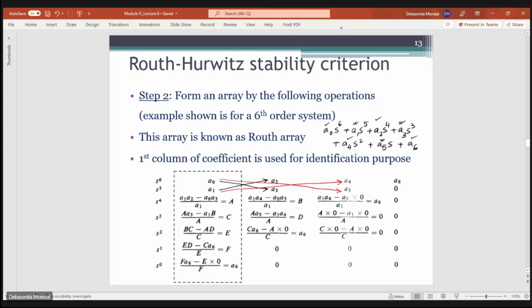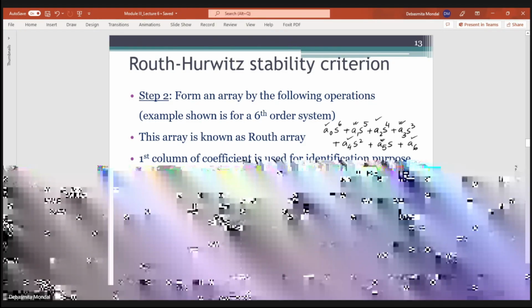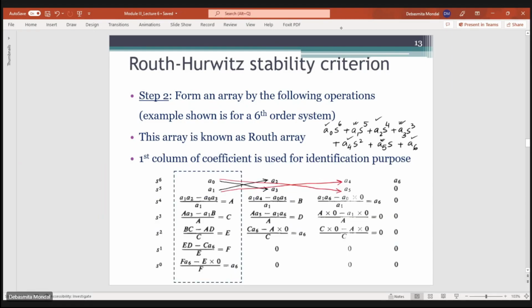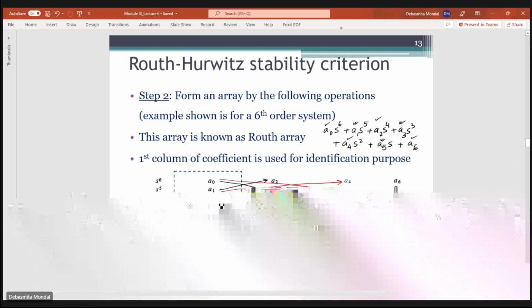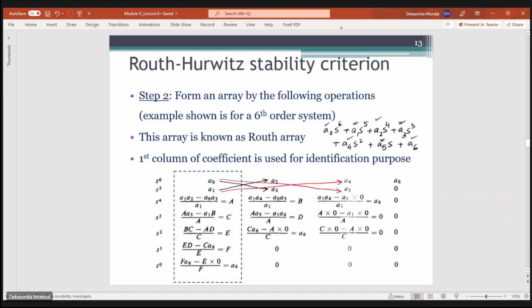Okay, so once you have filled up the whole table, what we need to verify is the first column of this Routh array.